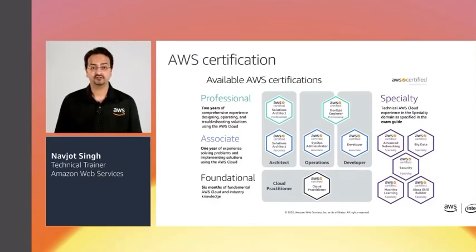We have 12 certifications, including the Foundational Cloud Practitioner certification, Associate Level Solutions Architect, Developer, and SysOps, the Professional Level Solutions Architect and DevOps, and the specialty certifications for advanced networking, data analytics, machine learning, and Alexa Skill Builder.